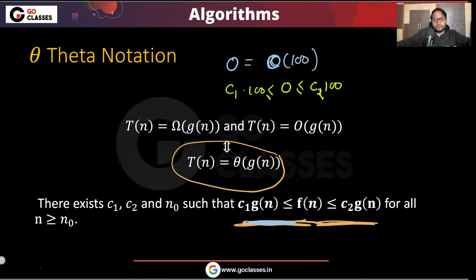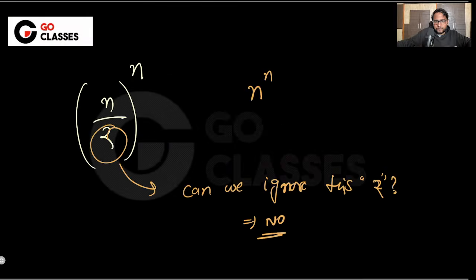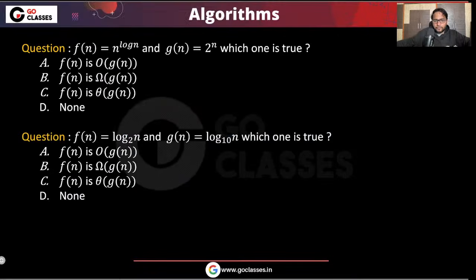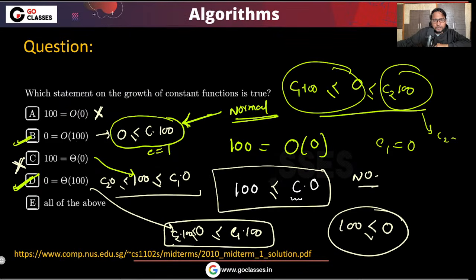If they say, let's suppose, 0 equal to order of 100, Big O of 100, then what does this mean?